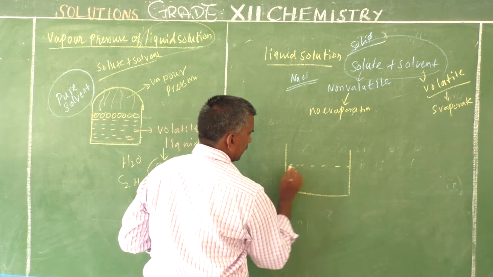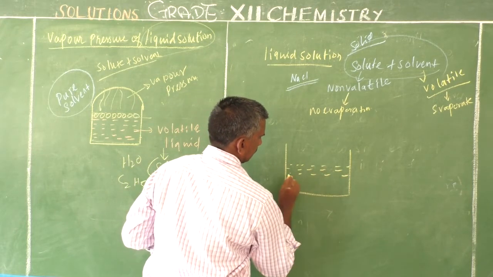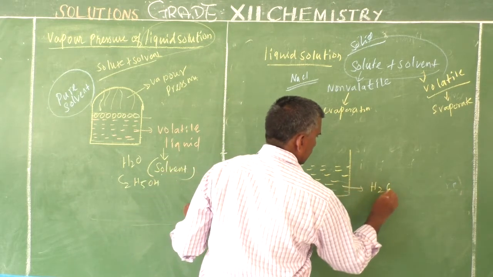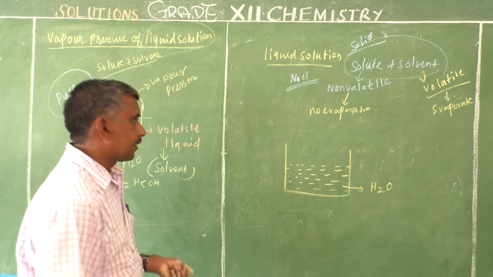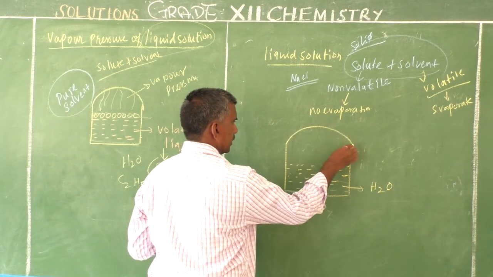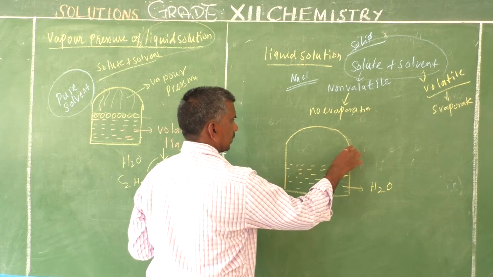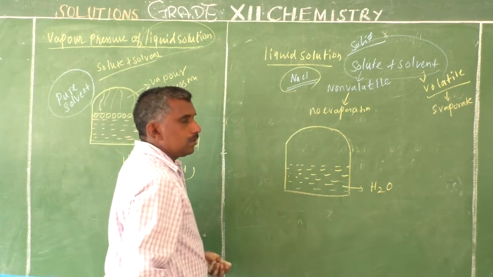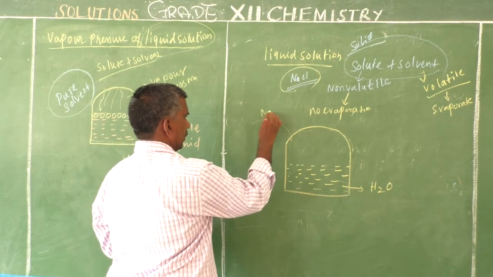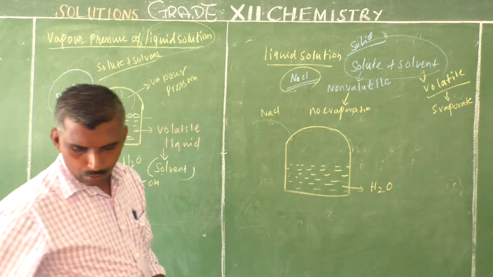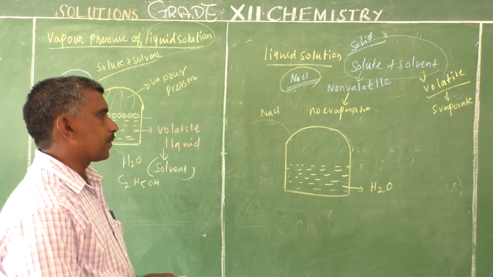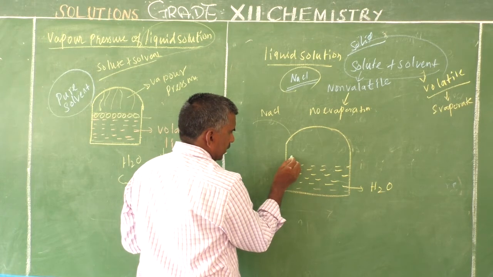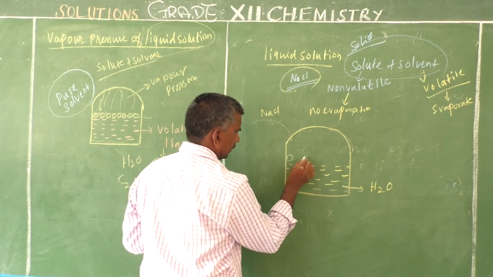You fill it with water, a volatile solvent, in a closed vessel. Then you add sodium chloride.